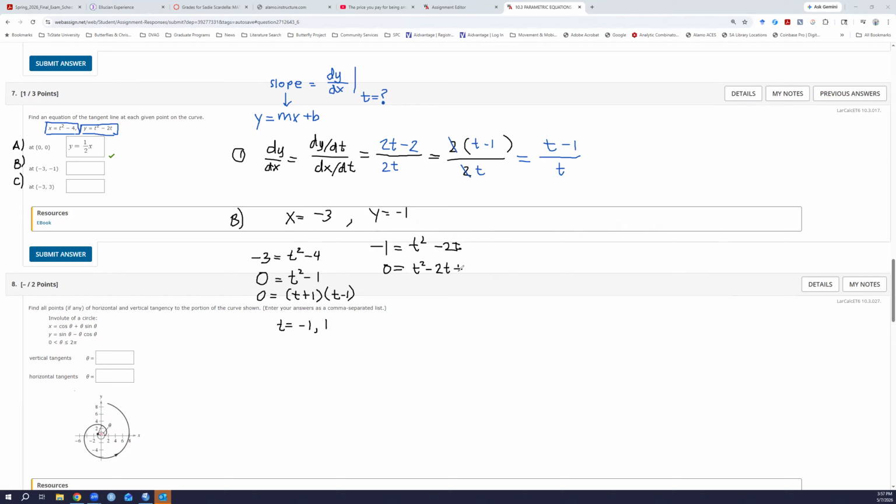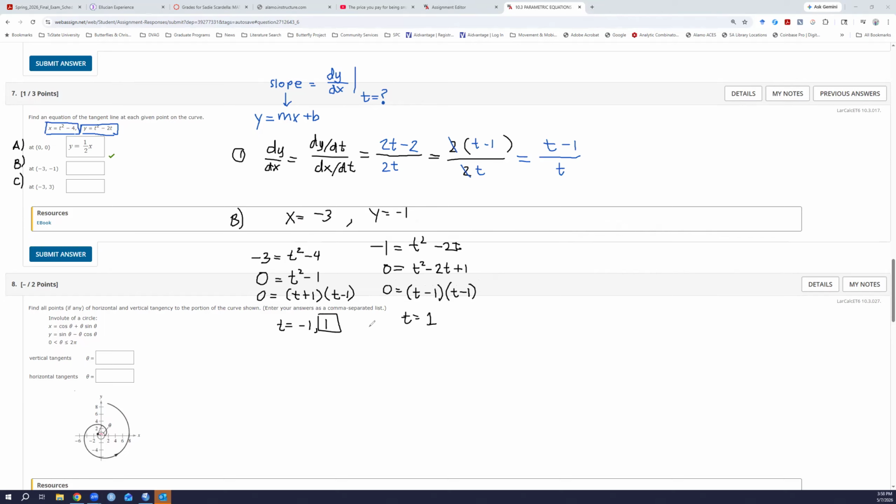And then we can ask ourselves, is this factorable? And this one is nice and easy to factor as well. It's not a difference of squares, but what we should get is a t minus 1 times a t minus 1, right? And since we have a repeated factor there, then we only have t is equal to +1 here.